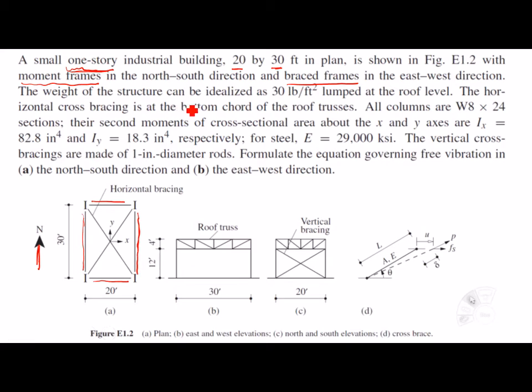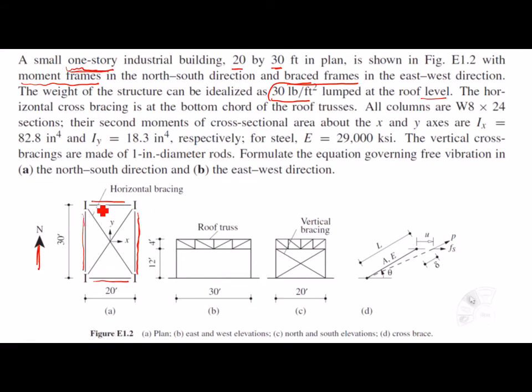The weight of the structure can be idealized as 30 pounds per square foot, lumped at the roof level. Commonly in these kinds of industrial structures, the weight per unit area of the roof is given by a value like 30 pounds per square foot, lumped at the roof.